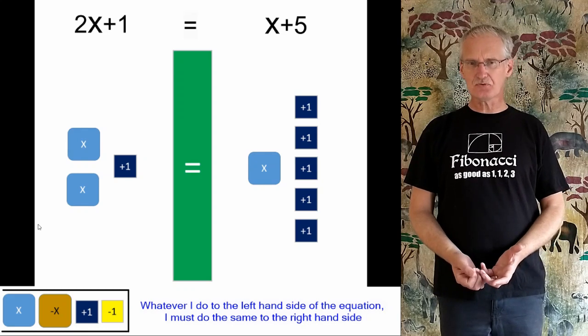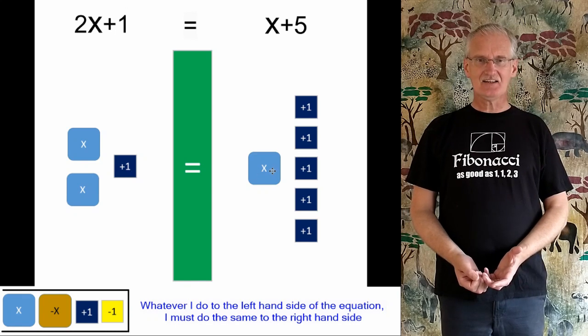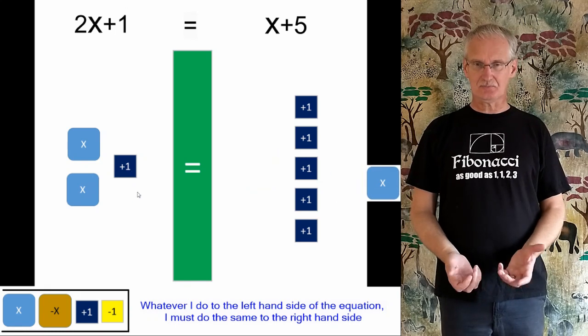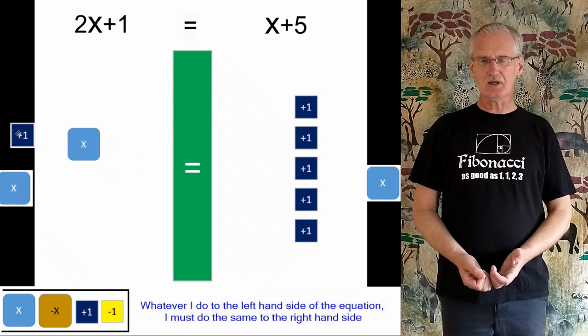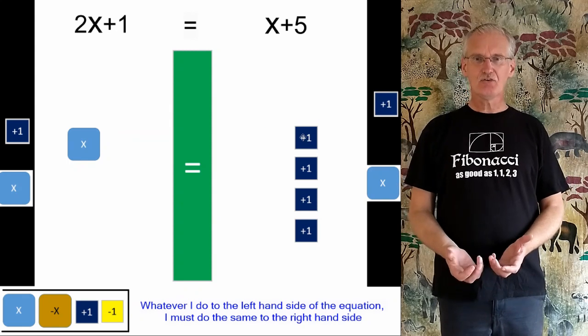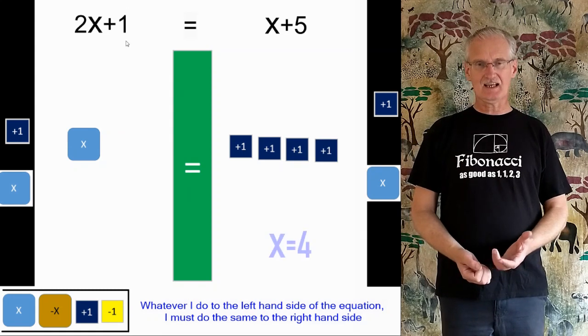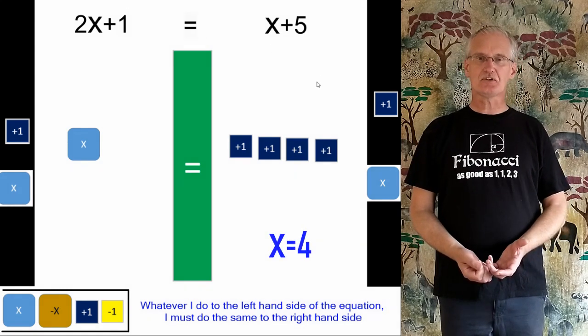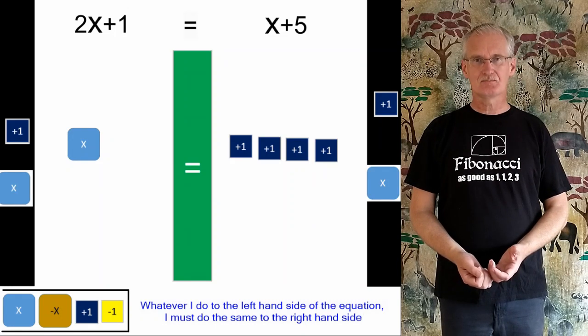So notice I've got x on both sides, so I'm going to start by removing x from the right, and then I'm going to do the same on the left. x plus 1, do the same with plus 1, and then plus 1, and you can see there that I have x equals 4. And that's what we call solving. And I could check: 2 times 4 plus 1 is 9, and 4 plus 5 is also 9.